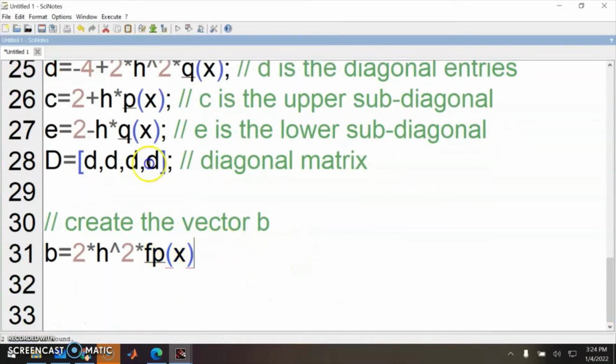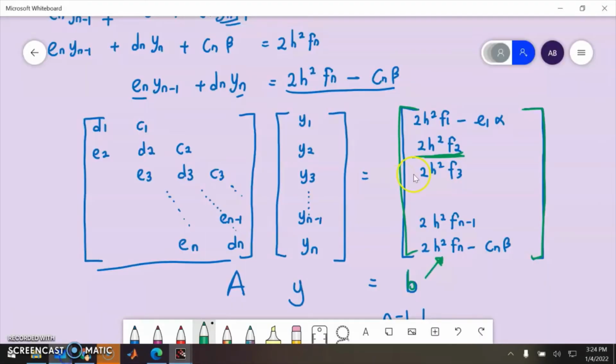But I also need to create my b at the first entry here. These are all my b's. This is my b at the first element, and this is the b at the nth element.